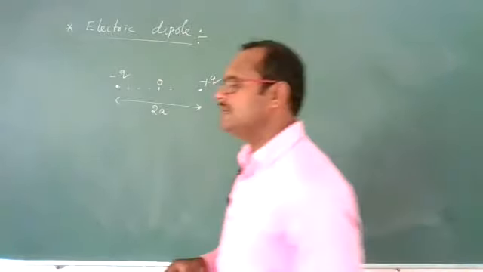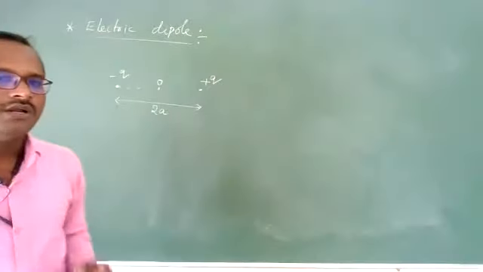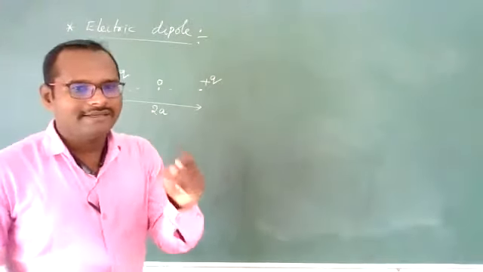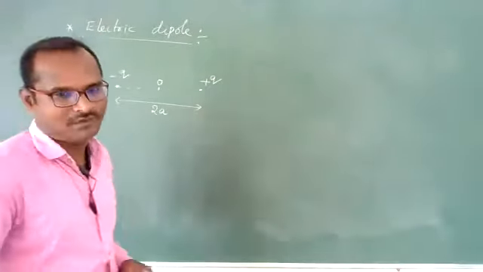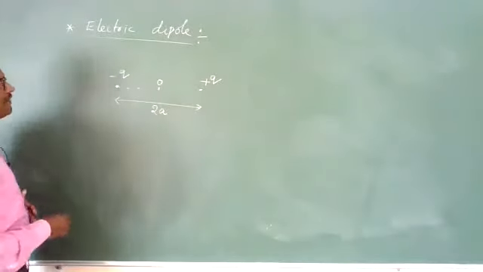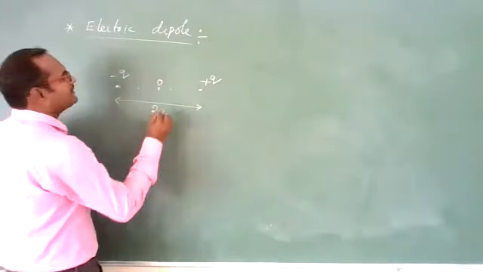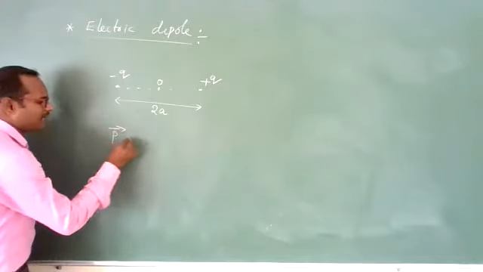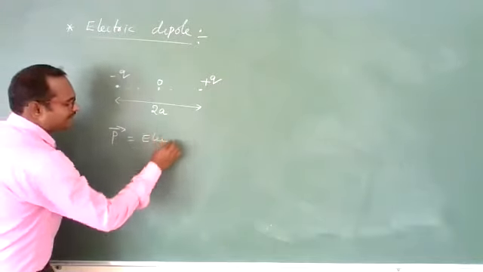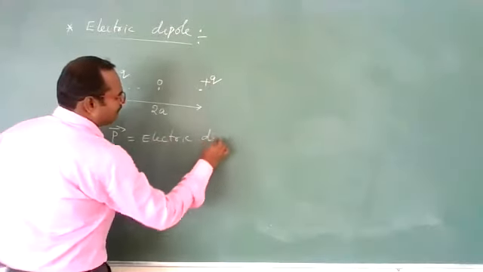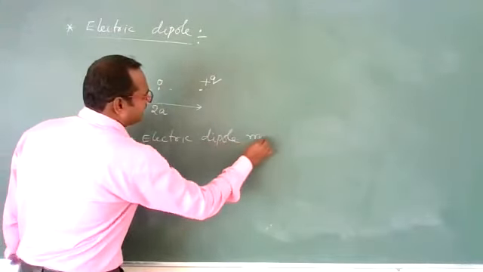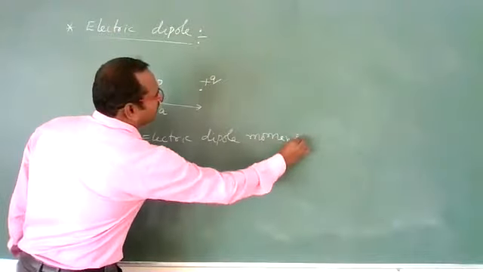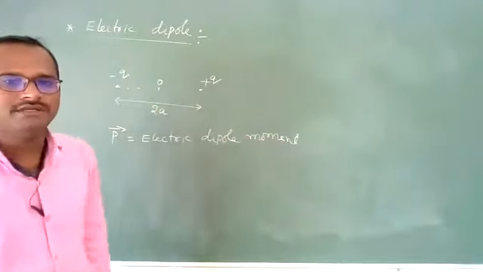Now, every electric dipole will have its dipole moment. We will represent the electric dipole moment with the letter p bar. P bar means electric dipole moment.